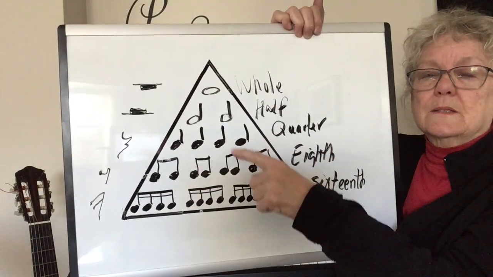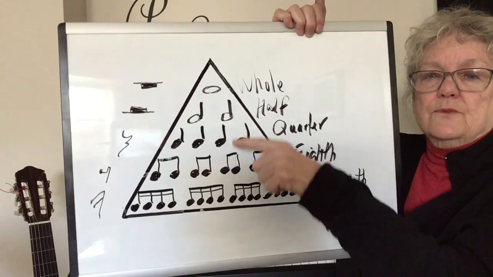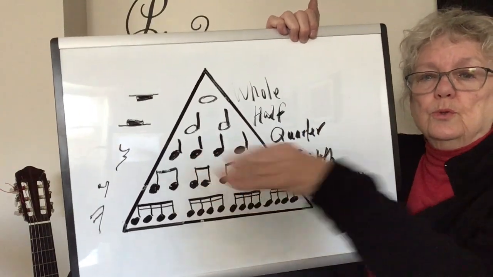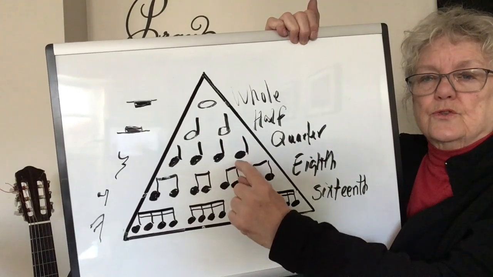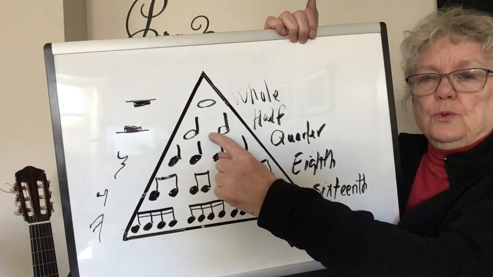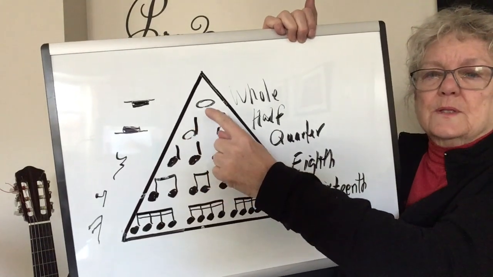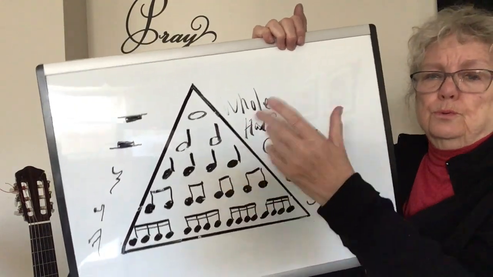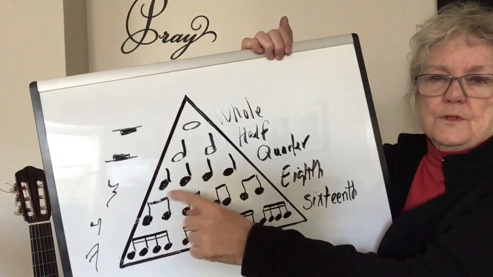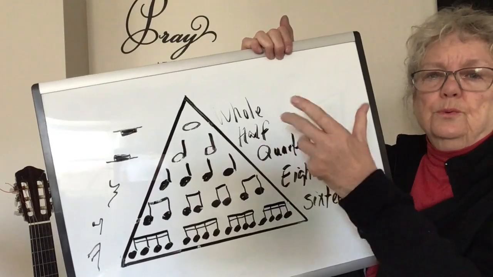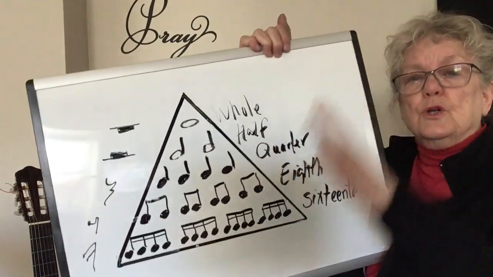Now when it's twice as long, like this one, instead of do, I go do-oo, meaning that there's 2 do's in here. And on this one, do-oo-oo-oo, because it's got 4 of the do's in it.